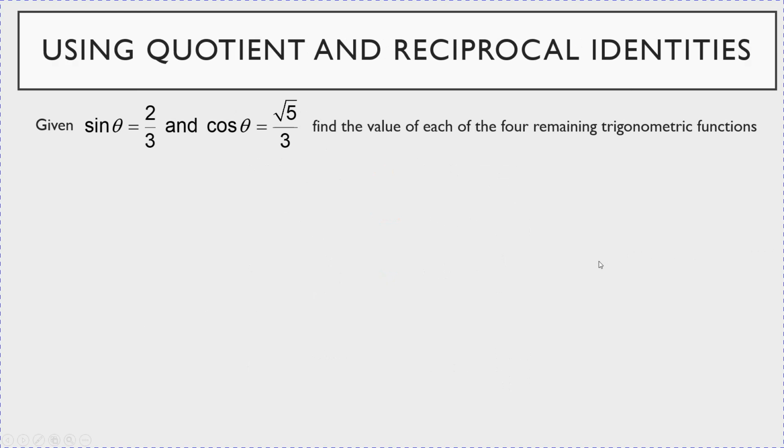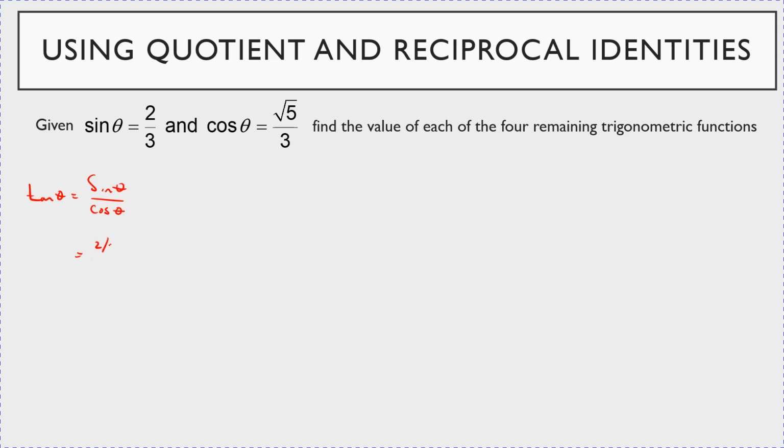All right, so let's do this. Use the quotient and reciprocal identities, and you're given the following. Sine of theta is equal to 2/3, and cosine of theta is equal to the square root of 5 over 3. It says find the value of each of the 4 remaining trig functions. Okay, let's start out with tangent. That's equal to sine of theta over cosine of theta.